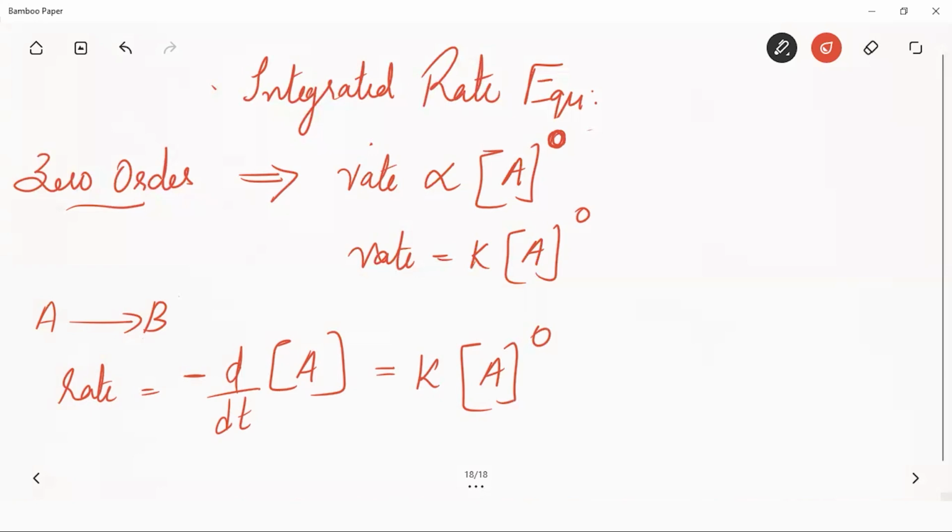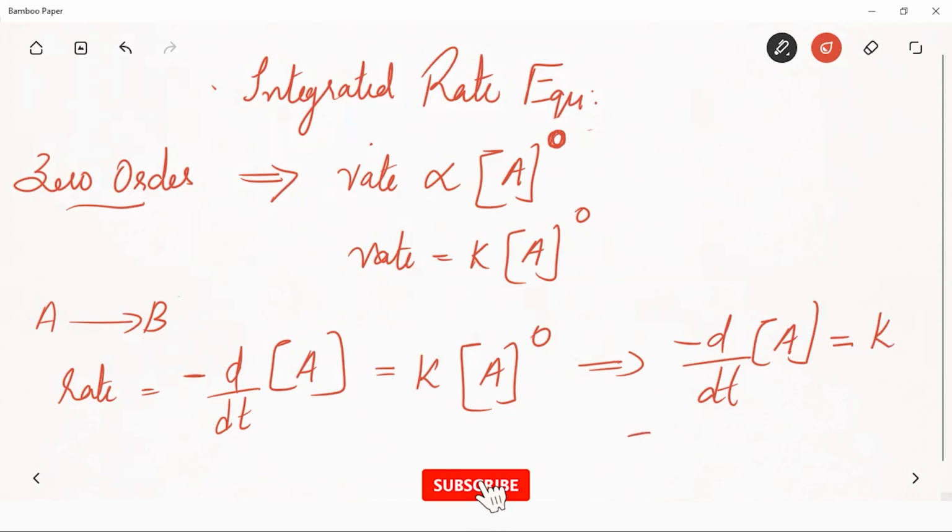We are equating both equations, okay? And we know [A]^0 is equal to 1. So you can write minus d[A]/dt is equal to k. Also you can write d[A] is equal to minus k dt.